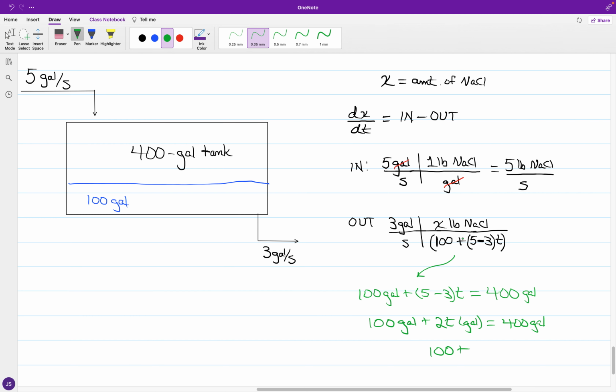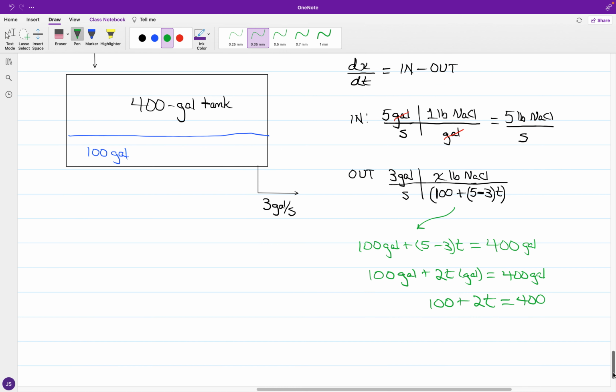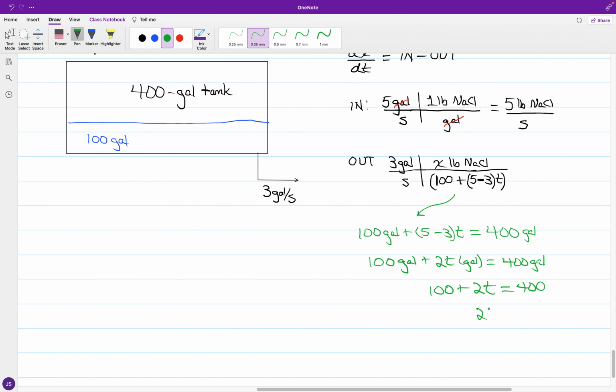Now for what we're going to have in the denominator, we have 100 plus 2t. By the time that the tank is full, we have 2t equal to 300, and the tank is going to be full at 150 seconds.